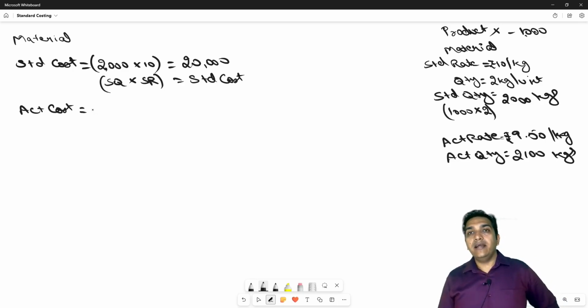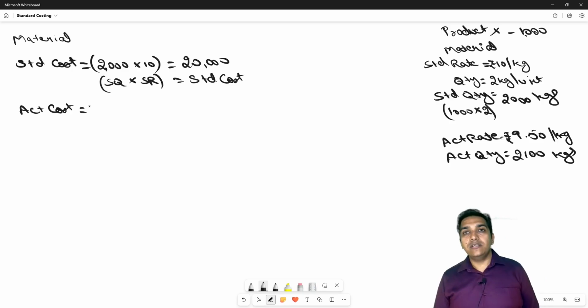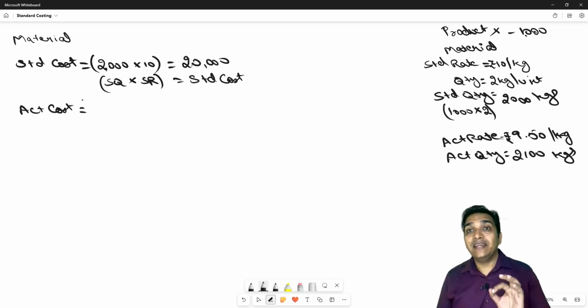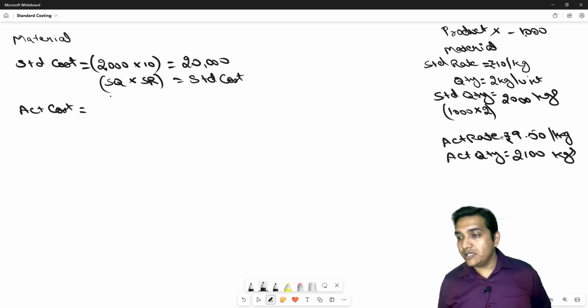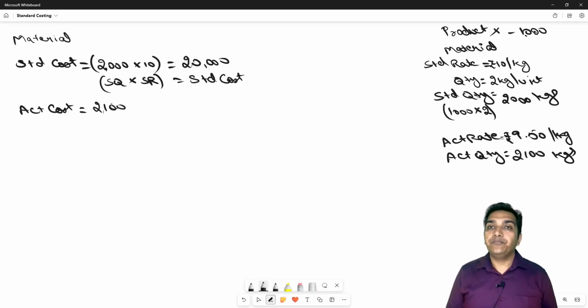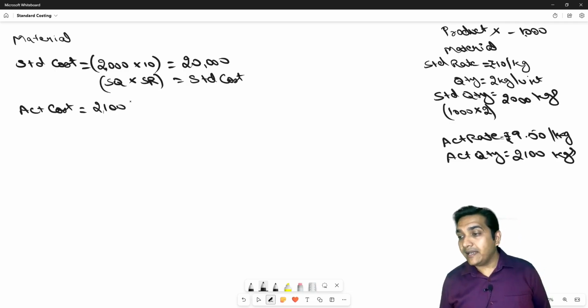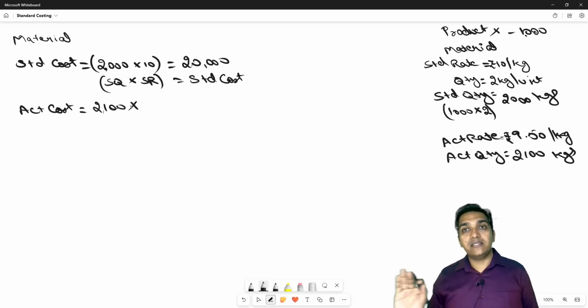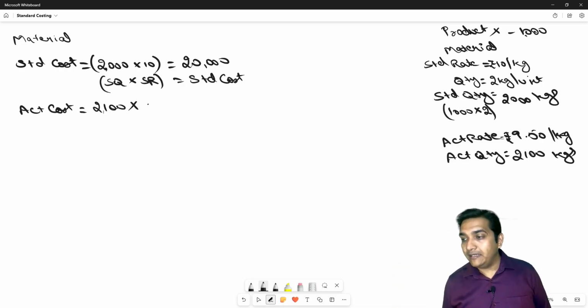What is the quantity I have actually used to manufacture 1000 units? It is 2100. And what is the rate at which I have actually purchased material? 9.5.